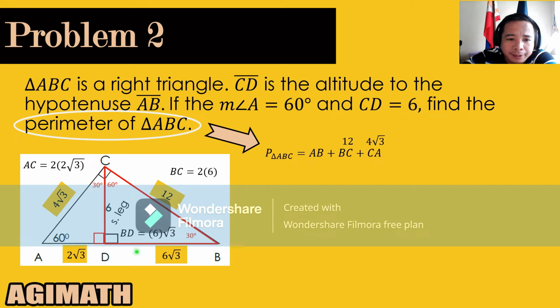And observe that if we add these two segments, AD and DB, that will constitute the length of AB. So 2 square root of 3 plus 6 square root of 3 is equal to 8 square root of 3.